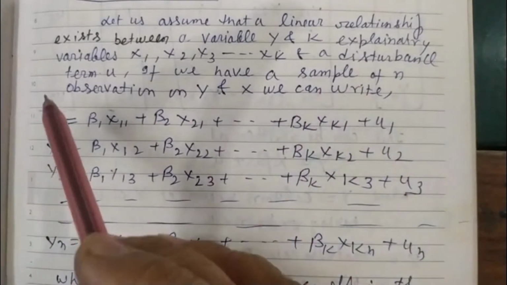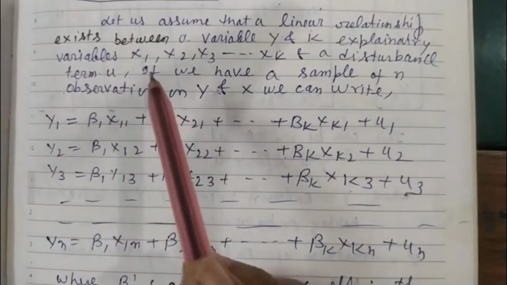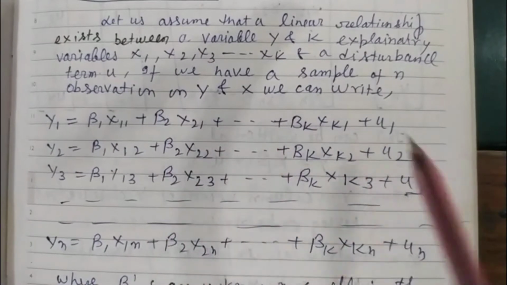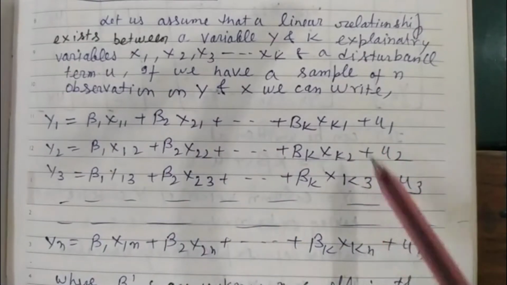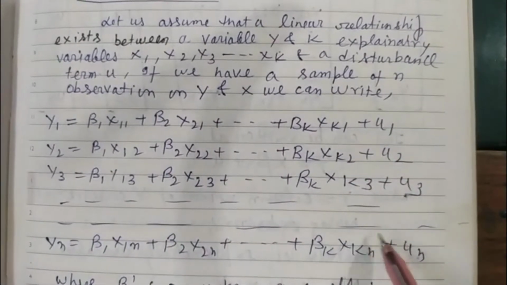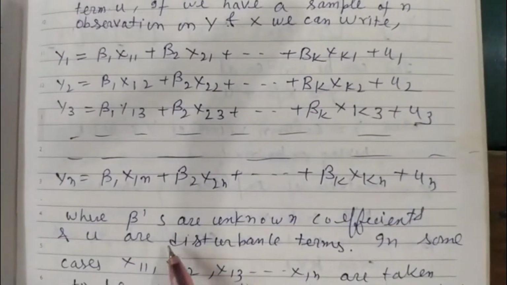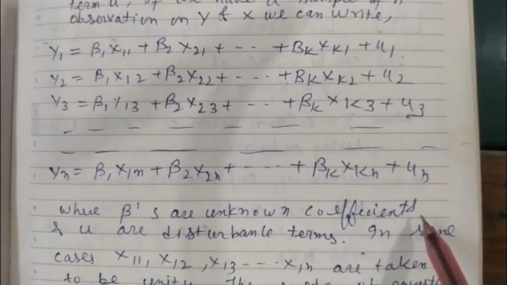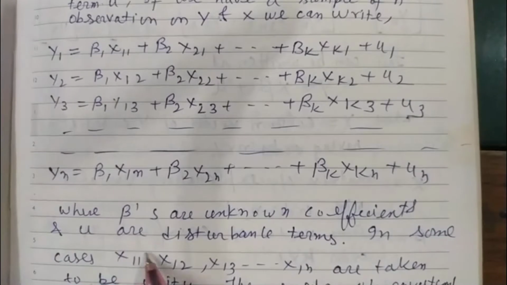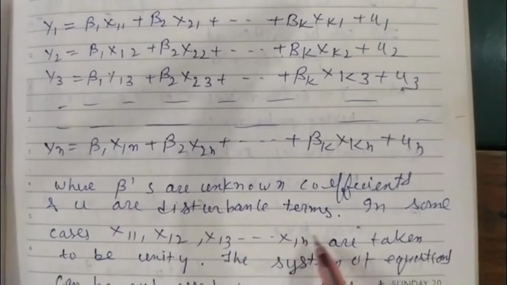Here you see, for n observations, y is the dependent variable and there are k independent variables, while the betas are unknown coefficients or parameters. The u's are the disturbance terms.